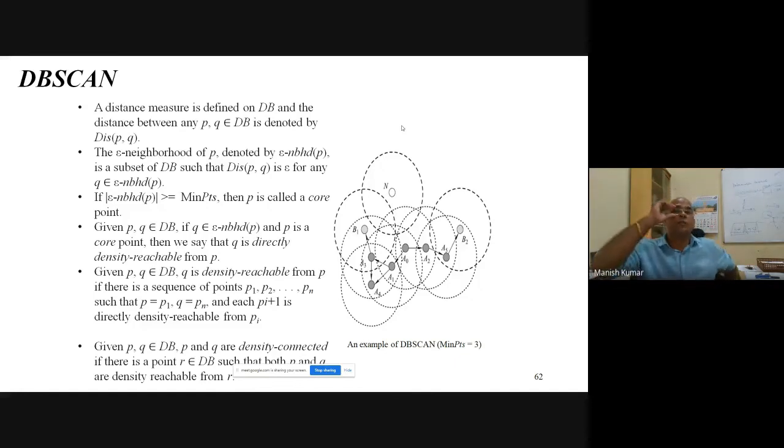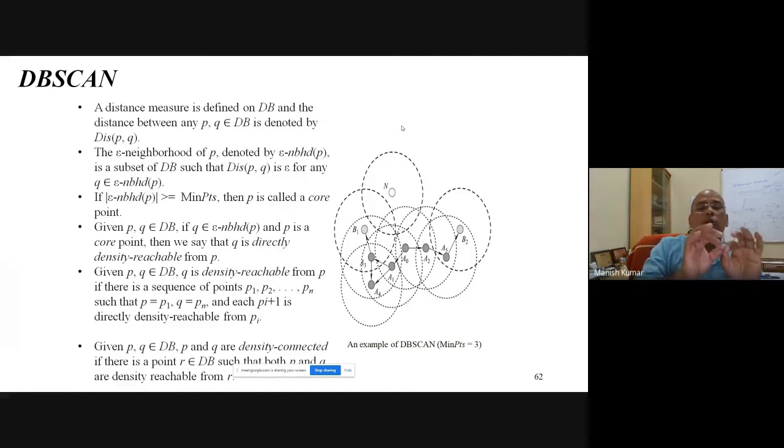You can see that a distance measure is defined on DB, and the distance between any P, Q is denoted by distance PQ. The first thing we will define is the epsilon neighborhood of P, denoted by epsilon NBHD of P, a subset of the database or data set, whatever you call it, such that distance PQ is less than or equal to epsilon for any Q belonging to the epsilon neighborhood of P. So what we are trying to do is, say you have n data points, you can randomly choose one data point to start, any point.